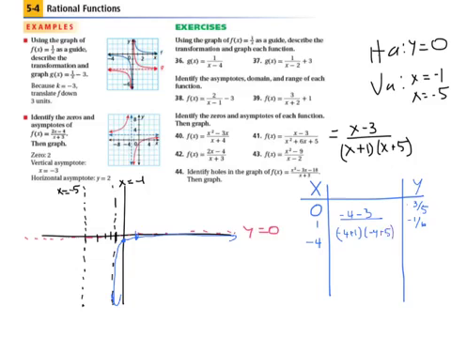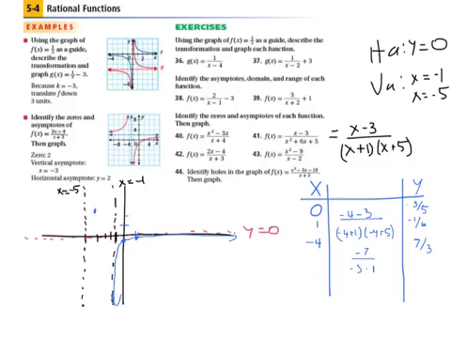So that's negative 7 over negative 3 times 1. So that's going to be 7/3. 7/3 is a little more than 2. So that means at negative 4, we're at a little more than 2.